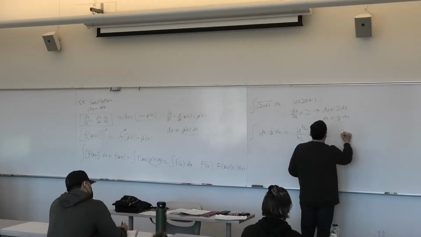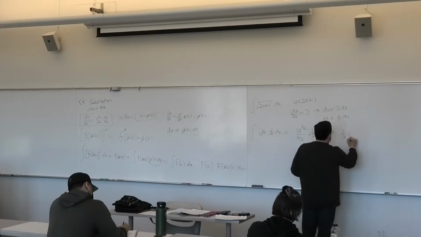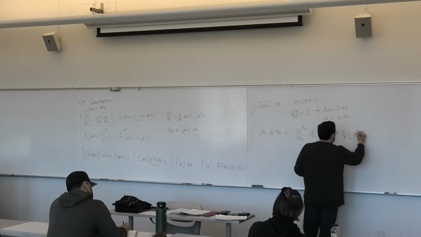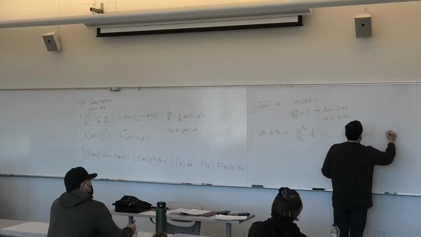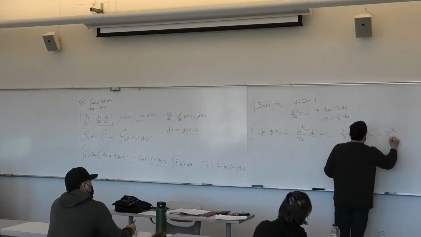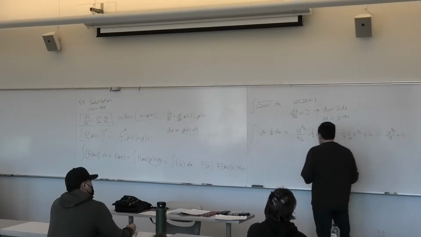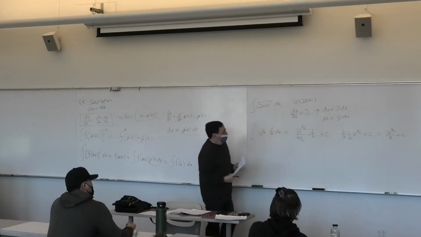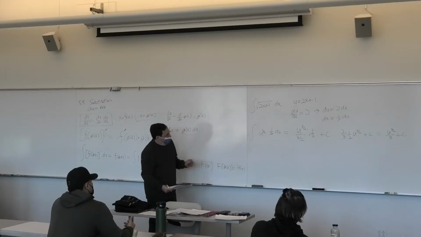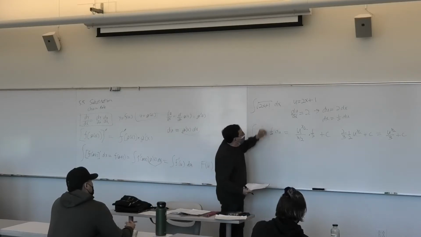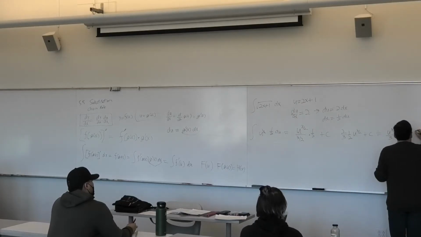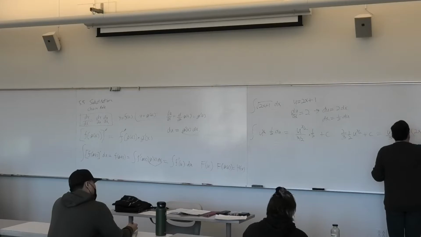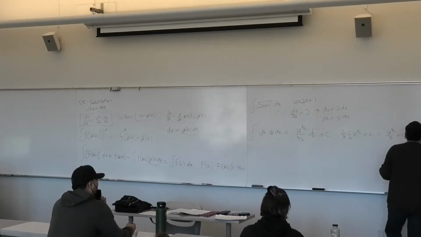This is 2/3 times 1/2 u to the 3/2 plus c, or u to the 3/2 over 3 plus c. Of course, now we're back to that point I made earlier. You might want this in terms of x, right? So u is 2x plus 1, so this just becomes (2x plus 1) to the 3/2 over 3 plus some constant.